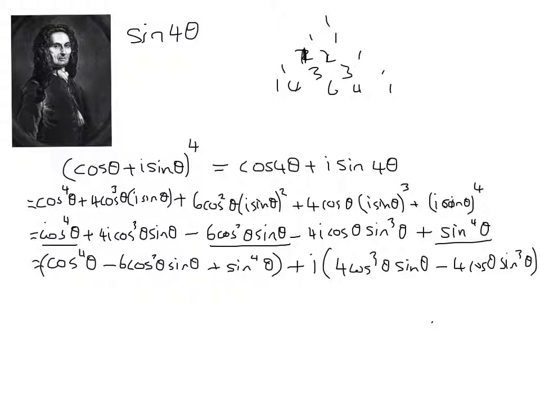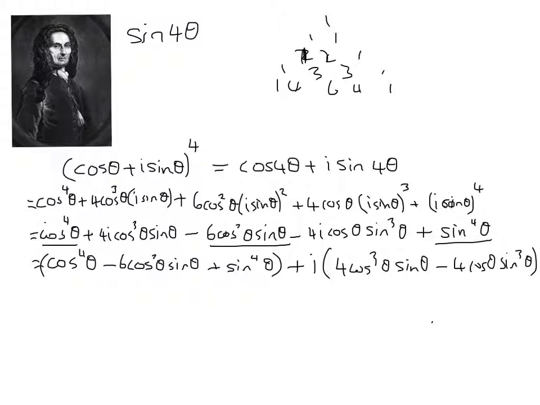You're probably still thinking, so what? But look, this thing here to the 4 is equal to this, which is something real plus i something imaginary, but it's also, by de Moivre's theorem, equal to this. Real bit plus i imaginary bit.